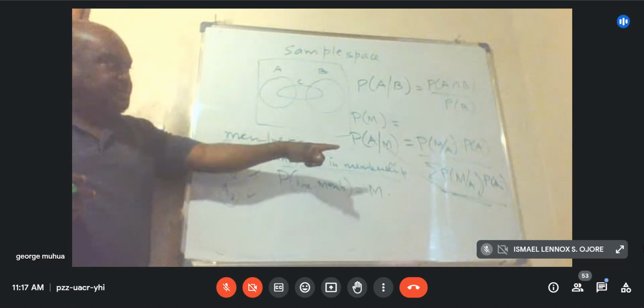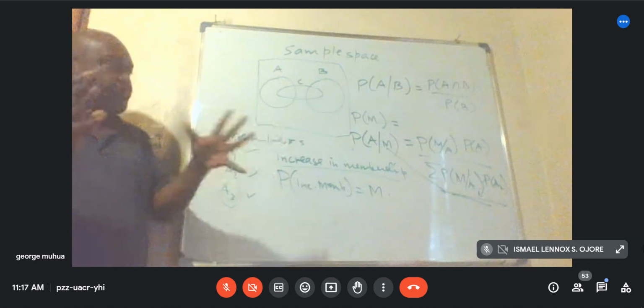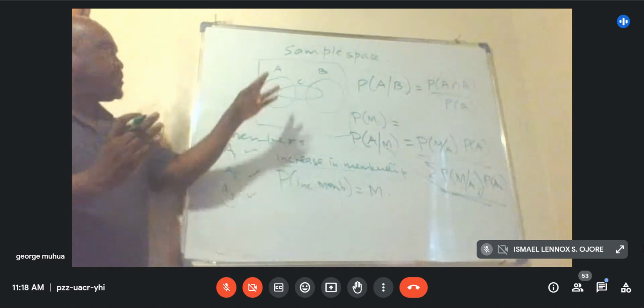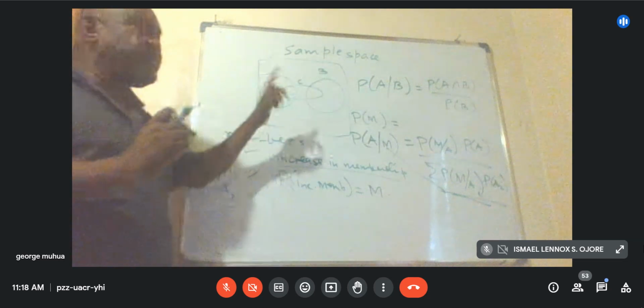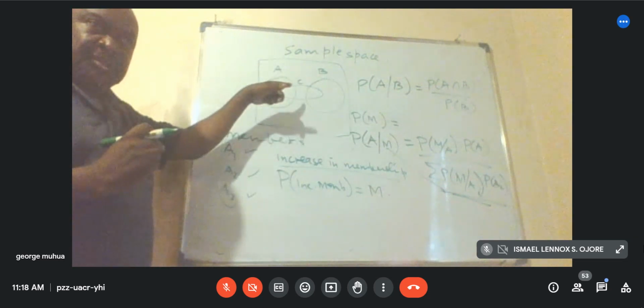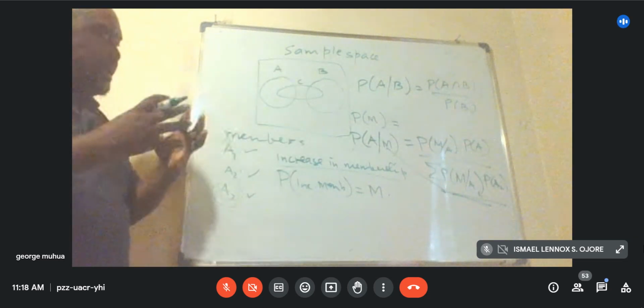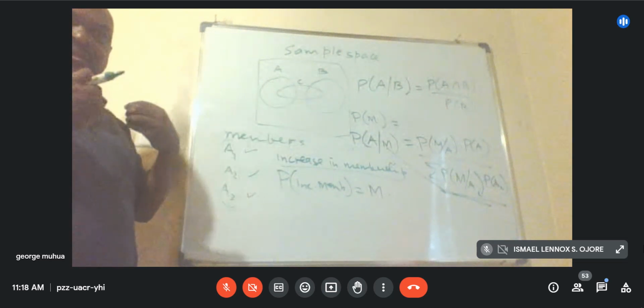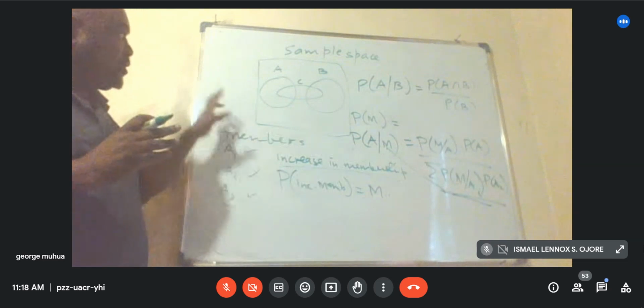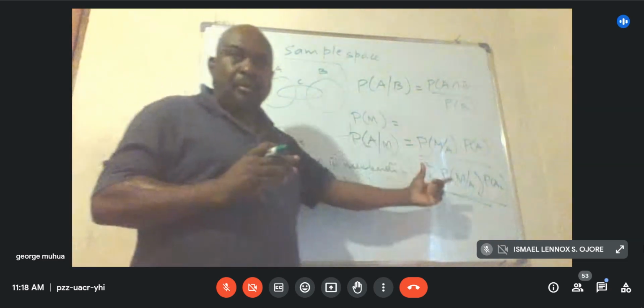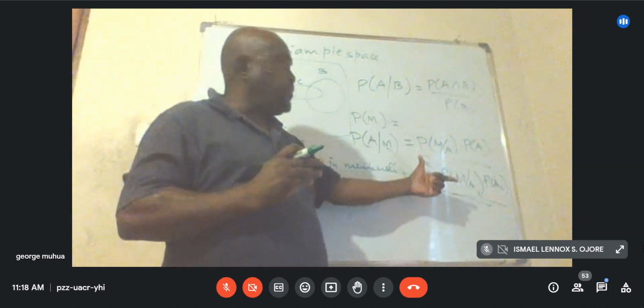So that formula was just trying to tell you there's a relationship between the known events and the one that cuts across them, so that we can determine the chance that this is going to happen given that this has happened, and therefore we condense them into what we are calling the Bayes rule.